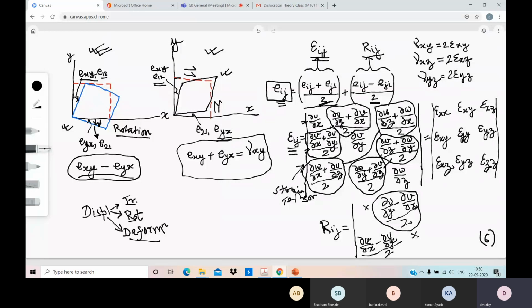Similarly, strain tensor is symmetrical, that's why stress tensor is symmetrical. So you have arrived at the right approach, that from this approach you are getting the strain tensor as a symmetrical tensor and how it should be, because stress tensor is also symmetrical.